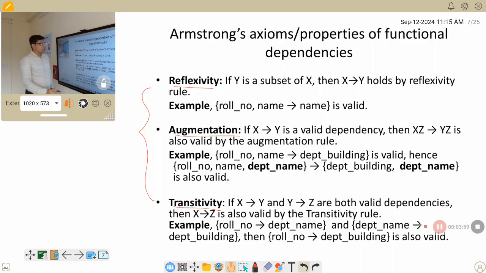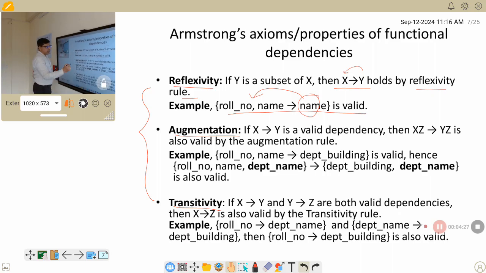First one: if Y is a subset of X, then X arrow Y holds by the reflexivity rule. So here let us consider the example. The name is dependent on roll number and name, and name is a subset of roll number and name. So it is a reflexivity rule.